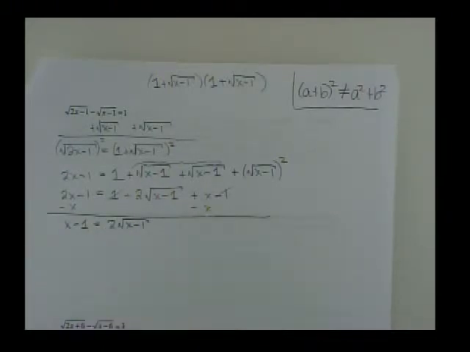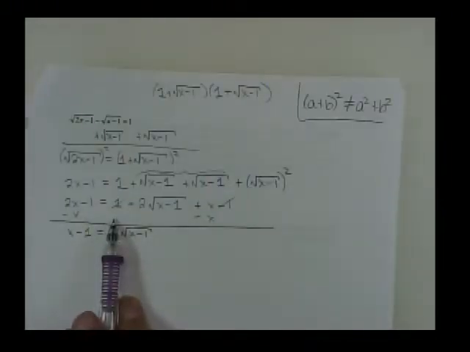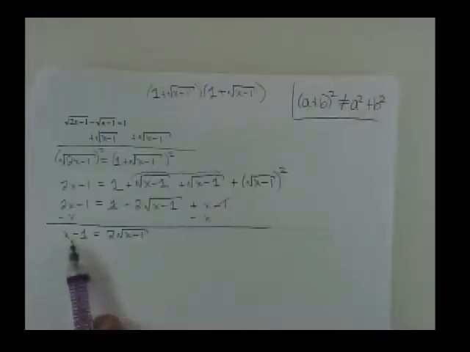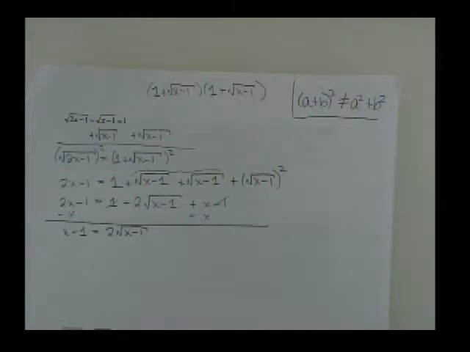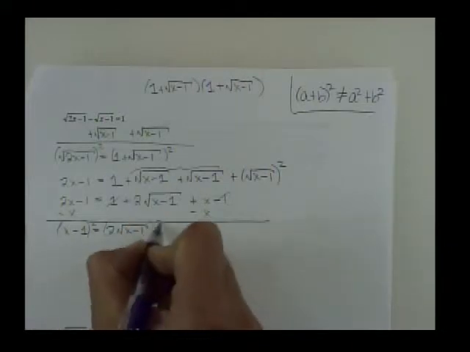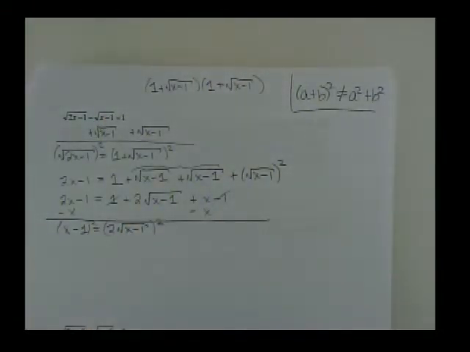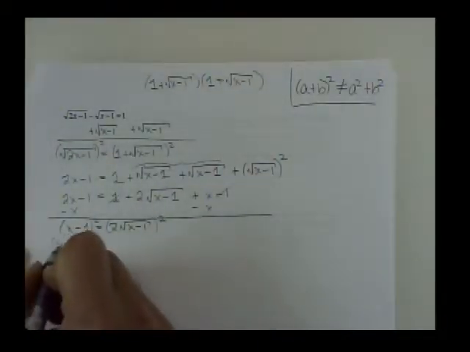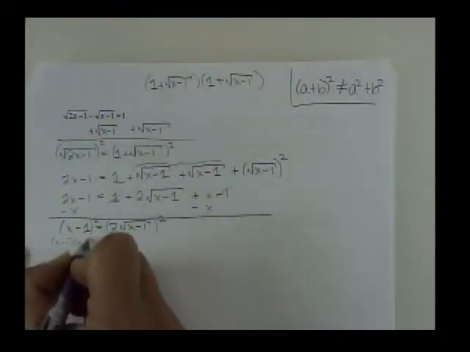So if that 2 wasn't there, we would do what on both sides? It's just square. And so we can do that here. We just have to remember to square the 2 as well. So instead of dealing with fractions, I'm just going to go straight to squaring both sides. On the left, we have to do FOIL. So x minus 1 times x minus 1.